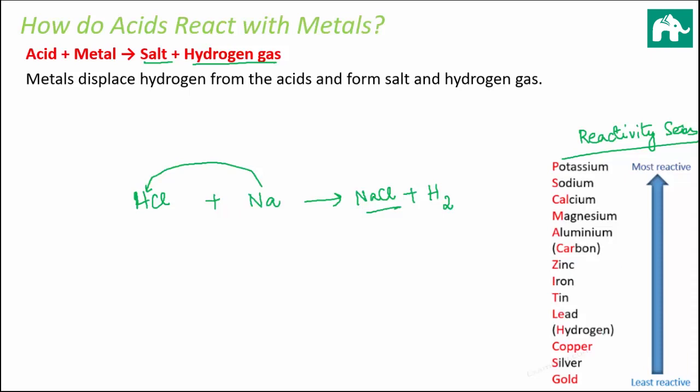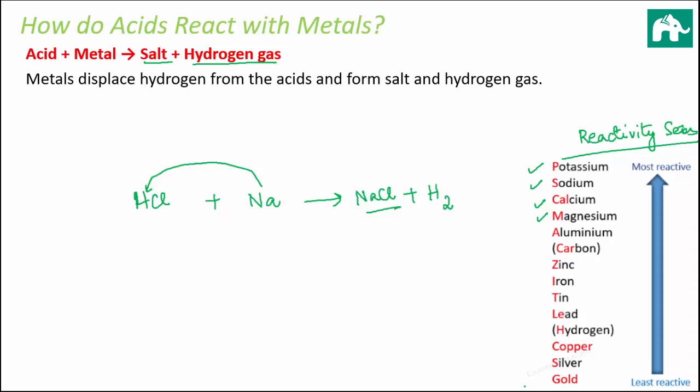Looking at this series, you see that potassium is the most reactive, then comes sodium, then calcium, magnesium, and so on. Let's take an analogy. Suppose there are two players. Somebody who is more powerful will be able to displace the other person with his or her power. The powerful wins. That analogy works here.